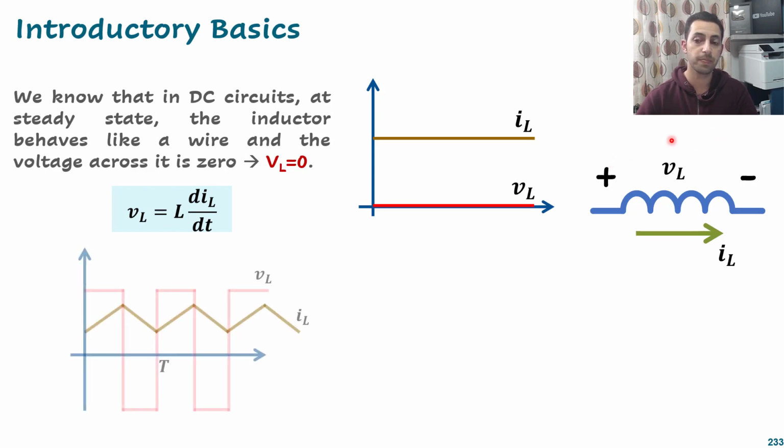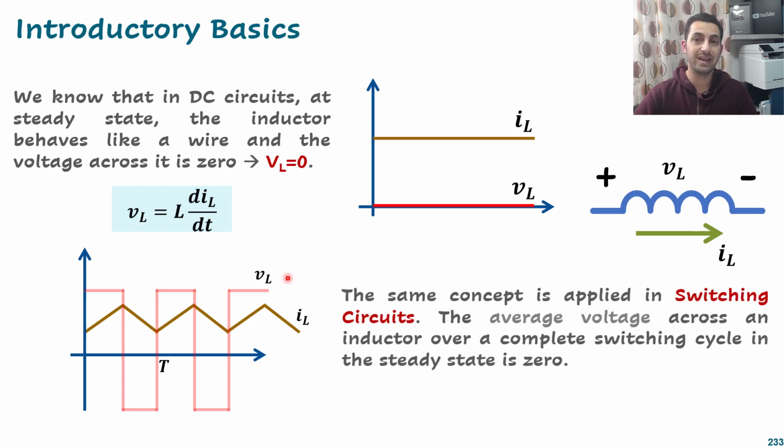For example, if we have this waveform, which is the result of one of the DC to DC converters, the inductor current will try to rise and fall, rise and fall, and the voltage at the same time takes different values over time. So the question is, does the voltage equal zero at steady state? The answer is yes, for the average value.